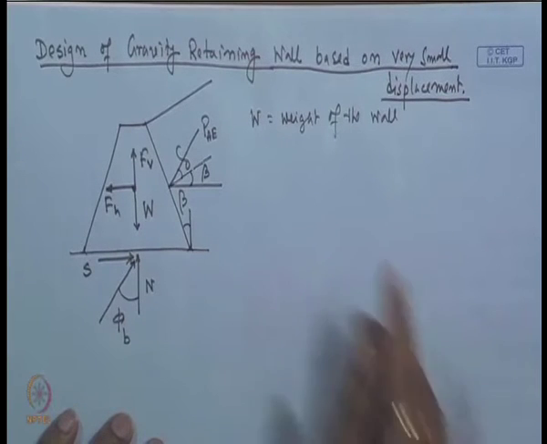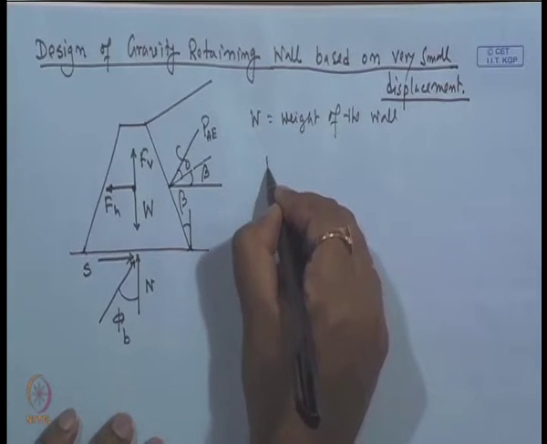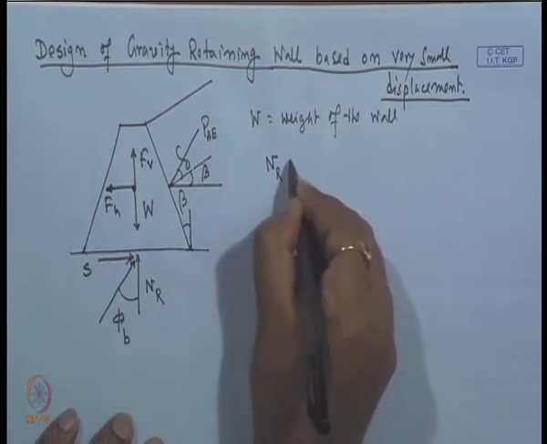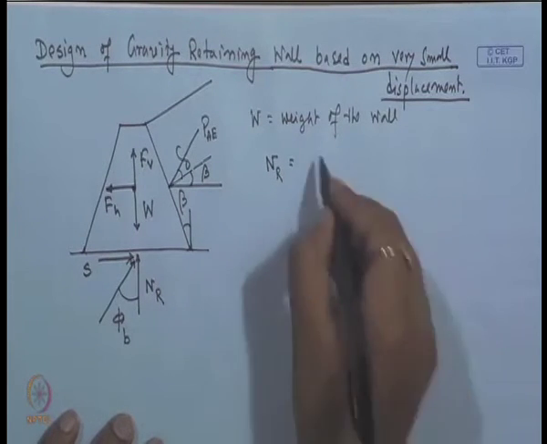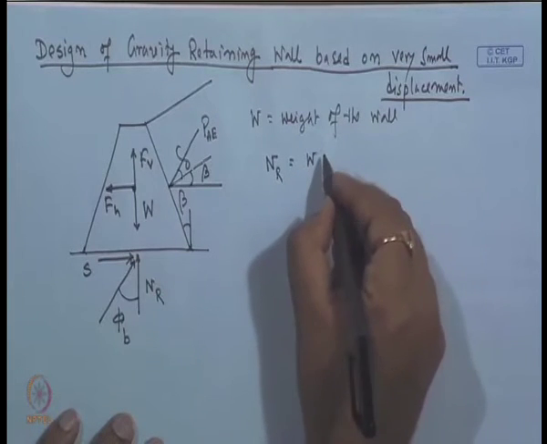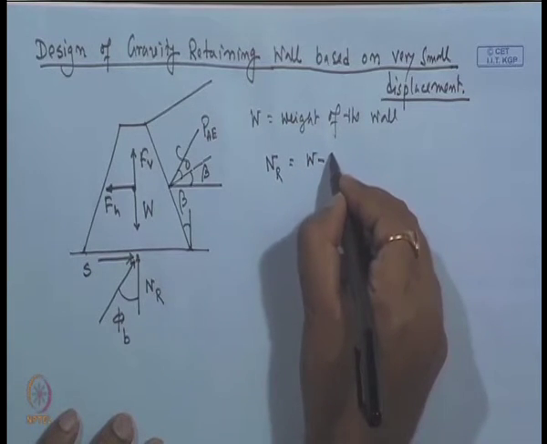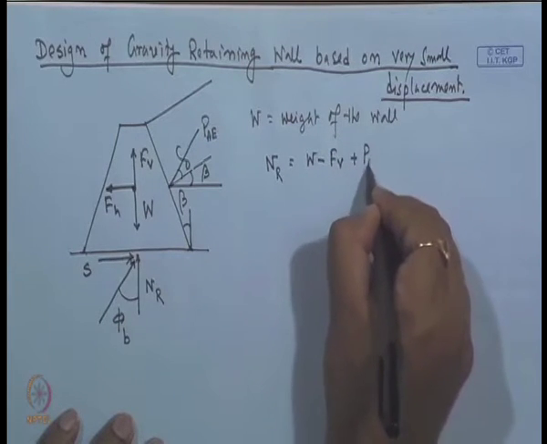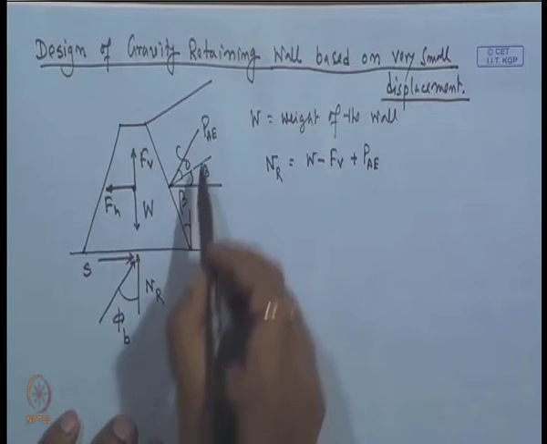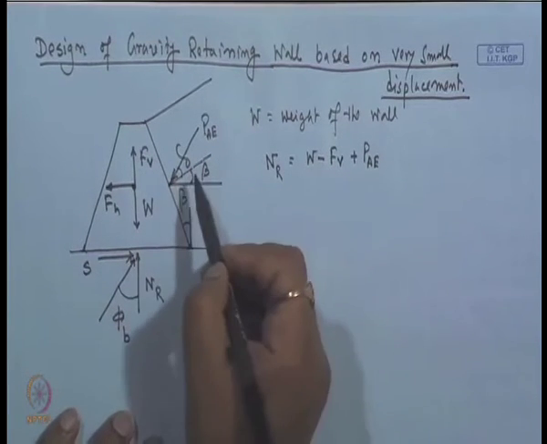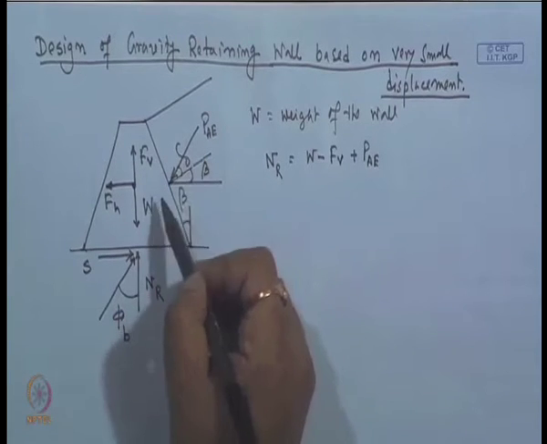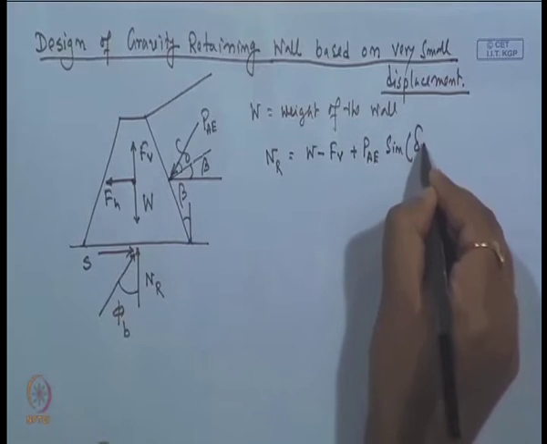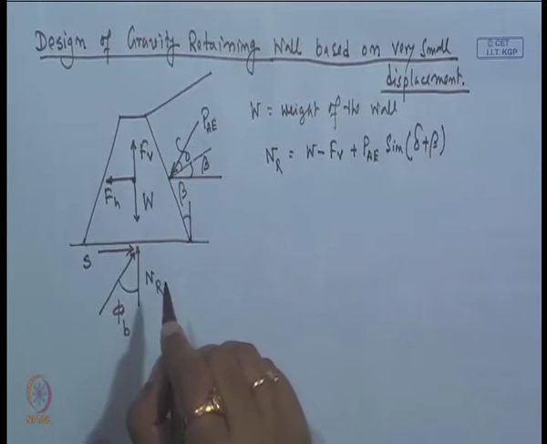So, this is the total free body diagram of the retaining structure. Now, we can write that N R, the normal reaction, is equal to W of the wall minus F V plus PAE. So, PAE is acting here, and we will take the sine component of this PAE, so PAE into sin of delta plus beta.